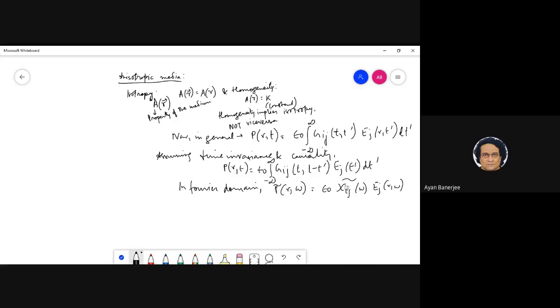This Fourier transform: you know that E_j(omega) and E_j(t) are related by Fourier transforms. That is absolutely fine.